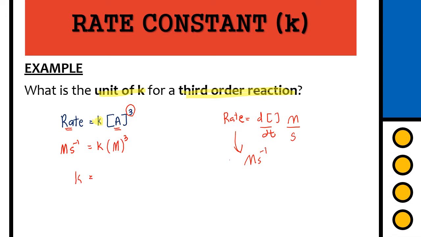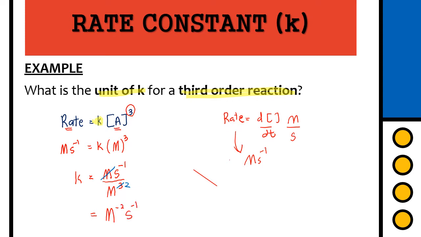K equals M s^-1 over M^3. You cancel these and you get the unit of K for the third order reaction as M^-2 s^-1.